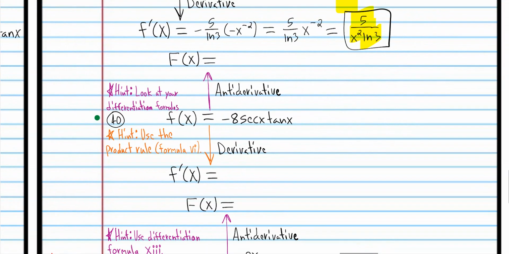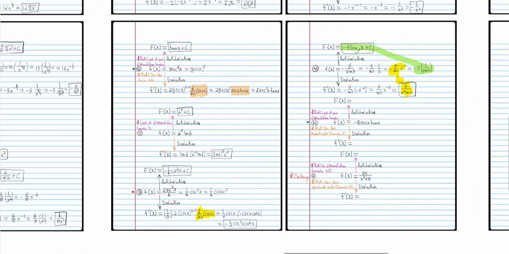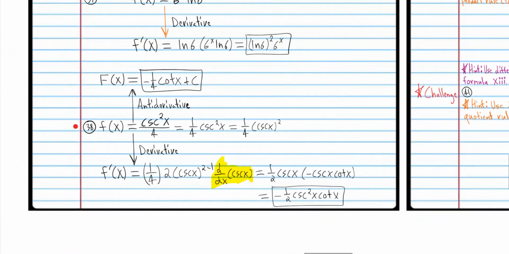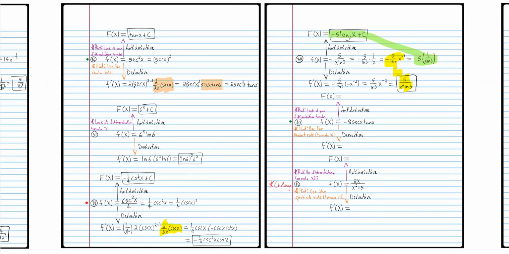Okay, so now it's time for you to try. Again, these are kind of tricky problems. I'll leave this in the window, and you can try number 40. So I've given you hints here. Again, the antiderivative should not be that difficult to find.